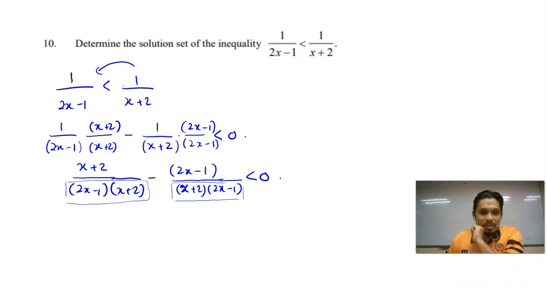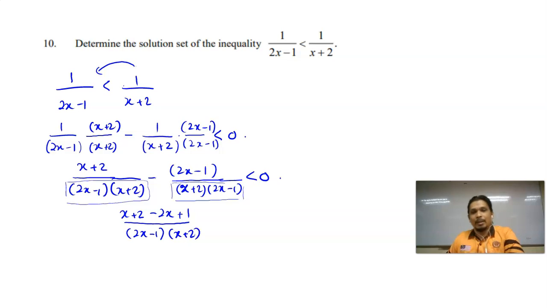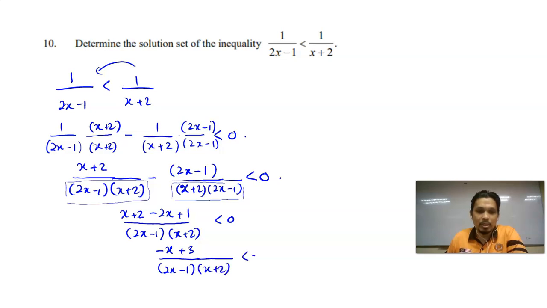Yes, the denominators are equal now, meaning we can simply combine these two into one fraction: x plus 2, negative times 2x, and negative times negative becomes positive 1, divided by 2x minus 1 and x plus 2, less than 0. So x minus 2x is negative x, and 2 plus 1 equals 3, divided by 2x minus 1 and x plus 2, less than 0.